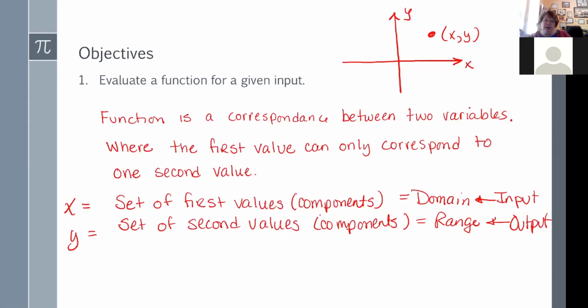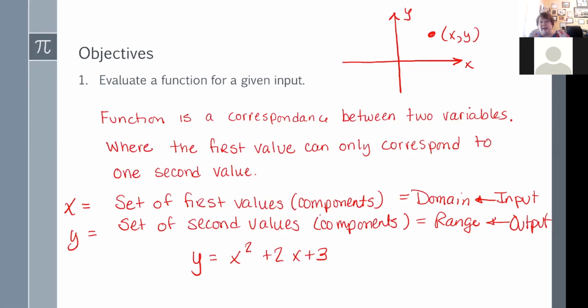Now, typically, we describe functions using equations. And that is an equation that describes a function because, again, what does a function do?